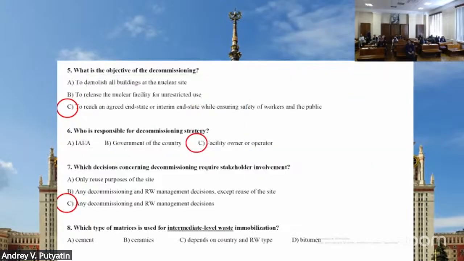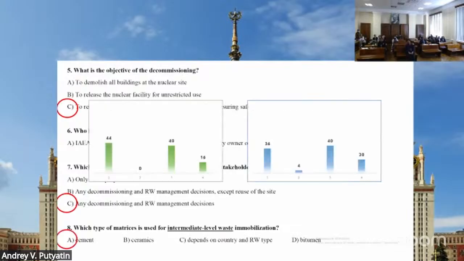The intermediate level waste mobilization. So it's a difficult question. When I wrote this question, I had in mind only cements, because bitumen was used previously for intermediate organic level waste. Today they exist, but it's like legacy, and we have to treat this bitumen waste and place it in another matrix.